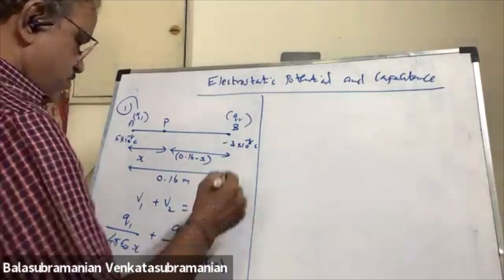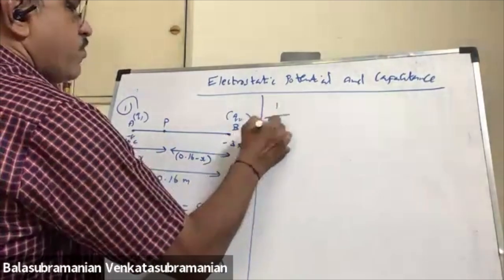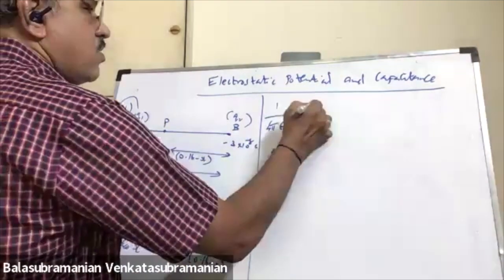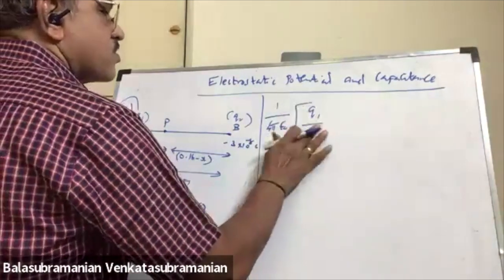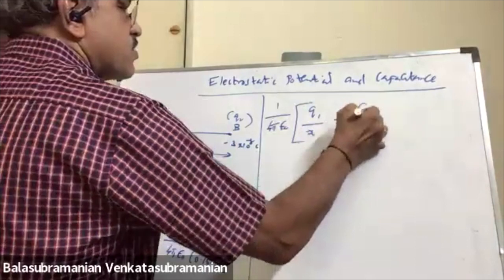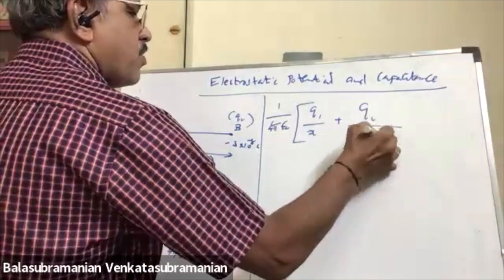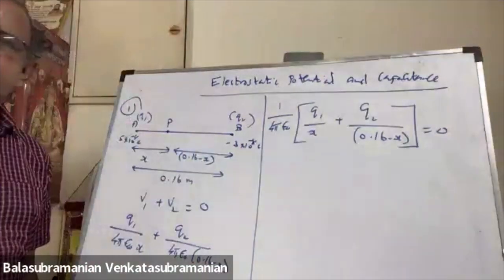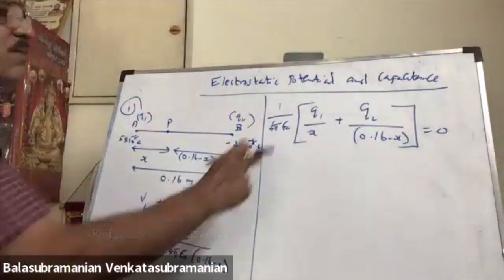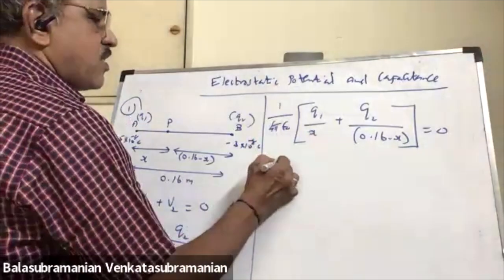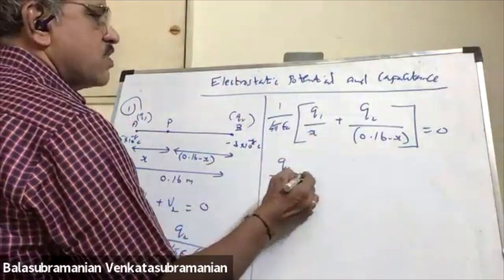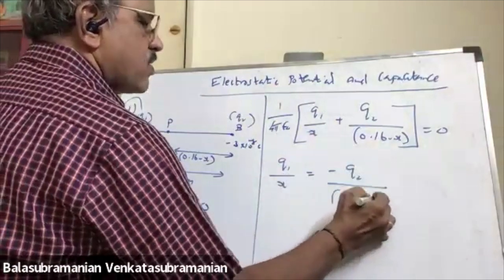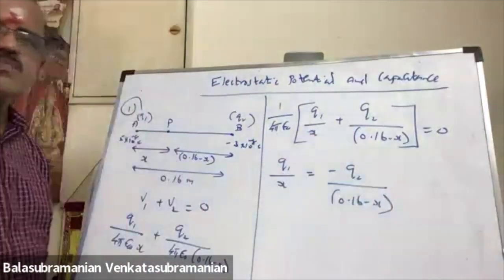Simplify this. 1 by 4 pi epsilon naught you can take common: Q1 by x plus Q2 by 0.16 minus x is equal to 0. This term cannot be 0. So I can write Q1 by x is equal to minus Q2 by 0.16 minus x.